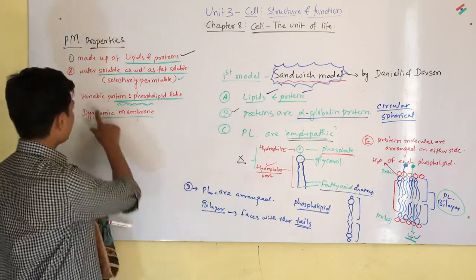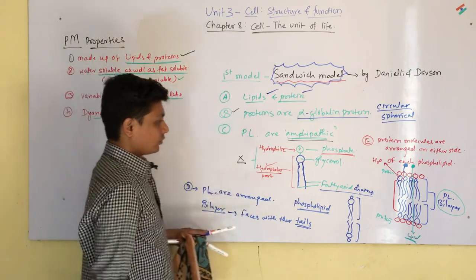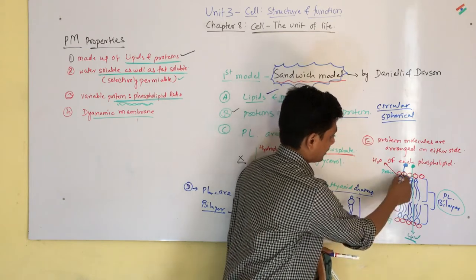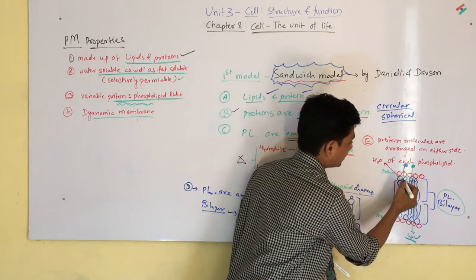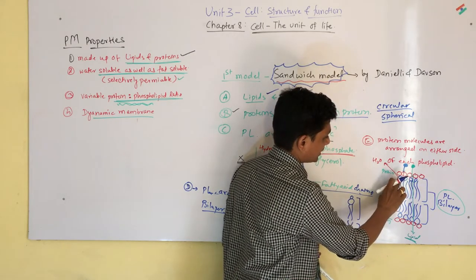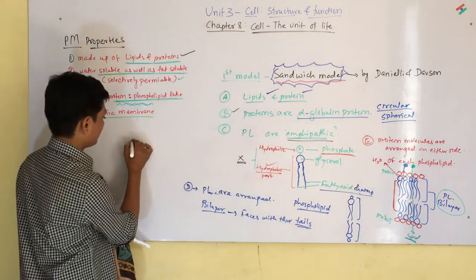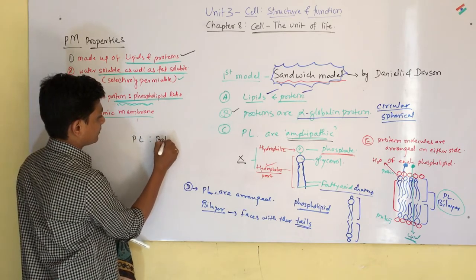The next point is the variable protein and phospholipid ratio. Here we can see the phospholipid part: there are 4 phospholipids, and this is the phospholipid to protein ratio.